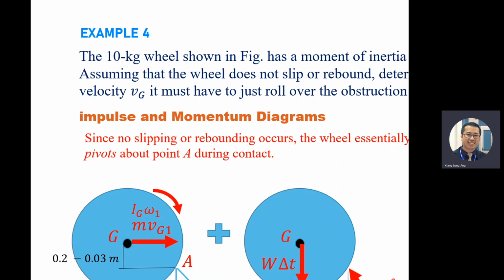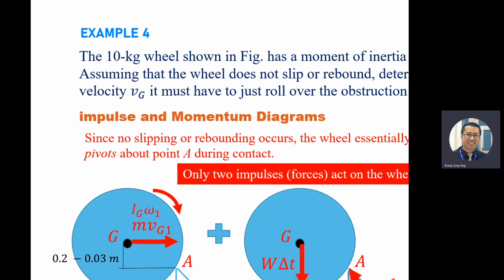When you knock something at some point, the arrow points 90 degrees to the tangent at the impact point. The distance from G to A is D, which we don't know and need to find. And then there's an angle there. So in this case, we only see the weight and the impulse, the forces acting on point A during the impact.